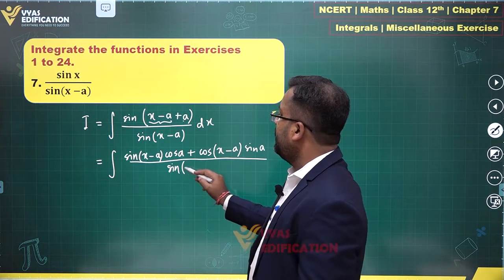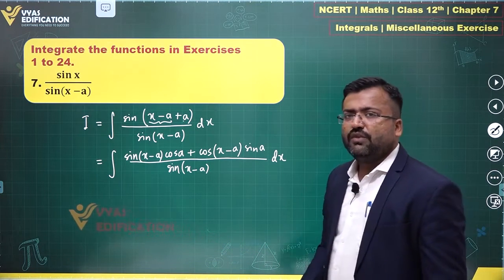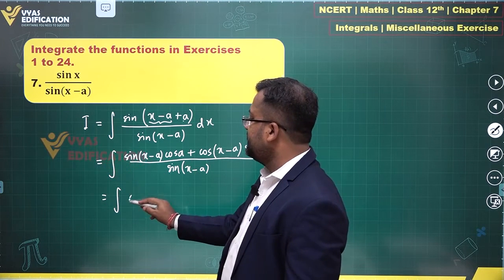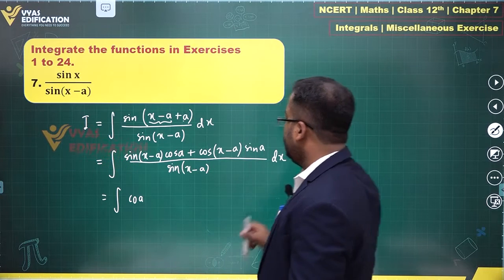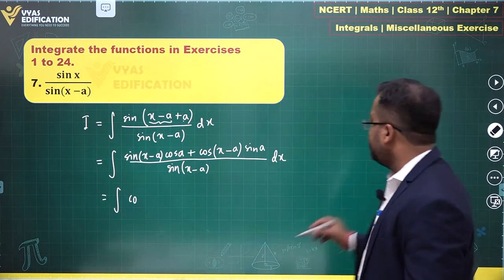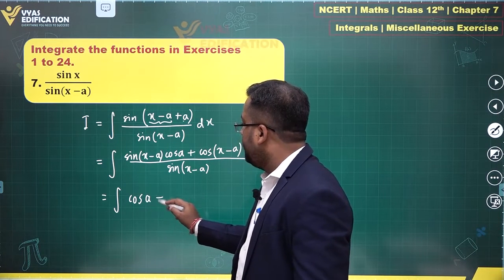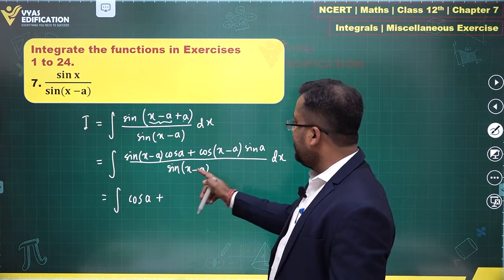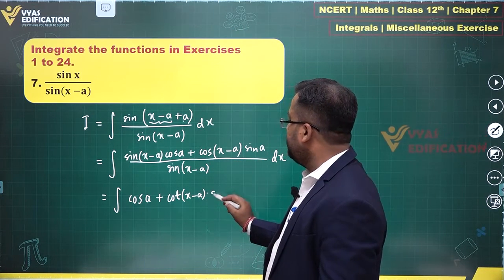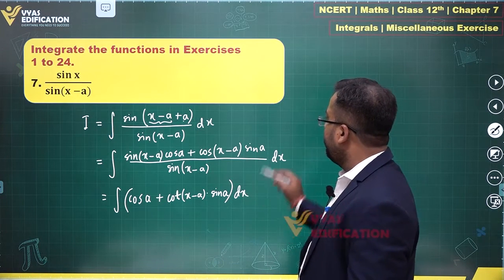Sin x minus a remains as it is in the denominator. And what will this simplify into? Now you can divide. Sin x minus a will be simplified. Cos a is what remains from here, plus cos of x minus a times sin a upon sin of x minus a, which is cot of x minus a times sin a. This is what remains, dx.